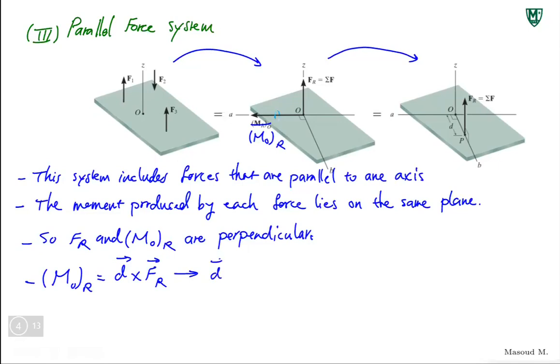So d as a vector, in 3D space, would be MOR divided by FR. And that's how we can find that d value, where to put the moment, or sorry, resultant force, to have a new equivalent system that does not have that moment.